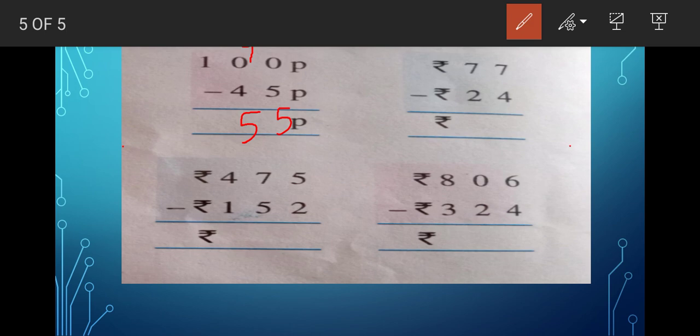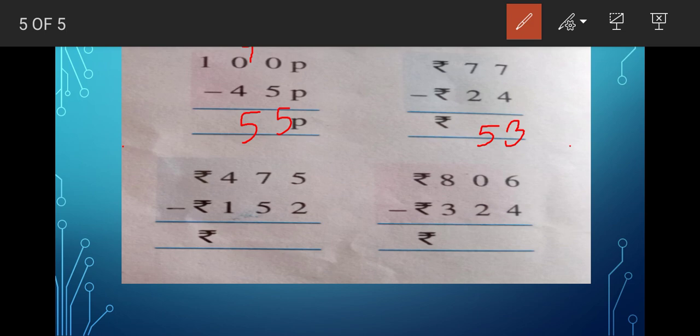No need to write it here. So this one is already taken by the zeros. Okay, and this part became 0. So now 7 minus 4 will be 3. Then 7 minus 2 is how much, children? 7 minus 2 will be 5. Okay, so this will become rupee 73.